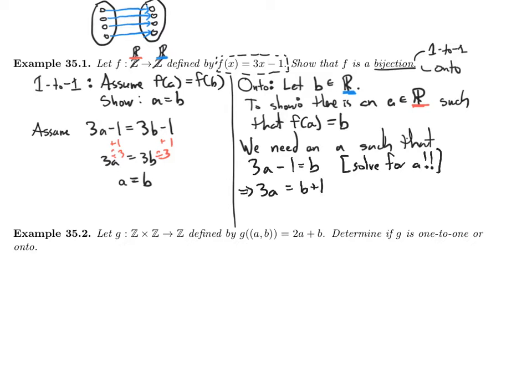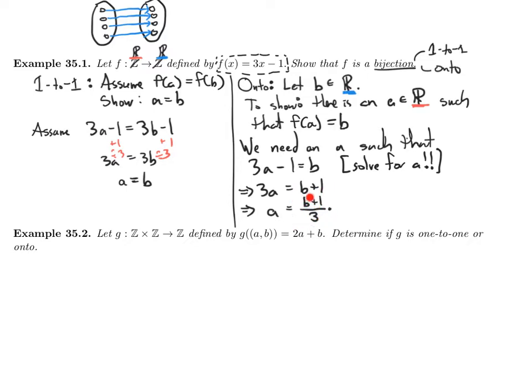And let's divide both sides by 3, and we get a equals b plus 1 over 3. So for any element of our codomain b, we can find an a such that 3a minus 1 equals b. And that a is b plus 1 over 3.